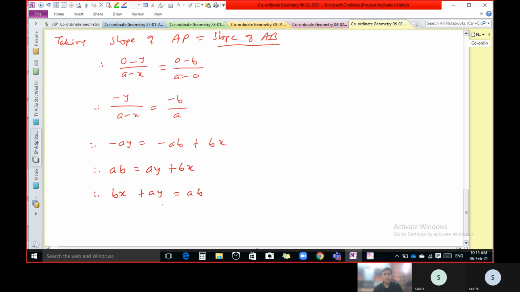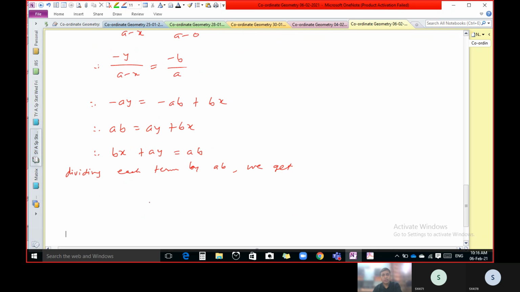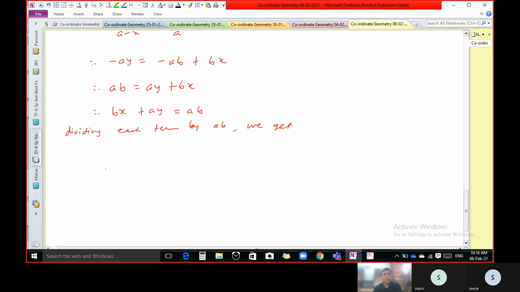Now this is the answer, but let us divide each term by ab. Dividing each term by ab, what do we get? bx upon ab plus ay upon ab equal to ab upon ab.